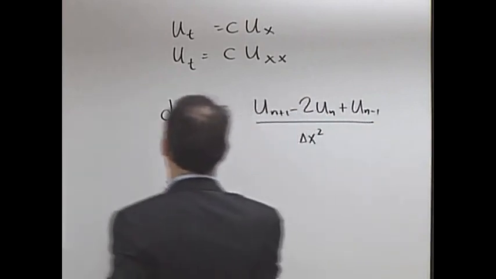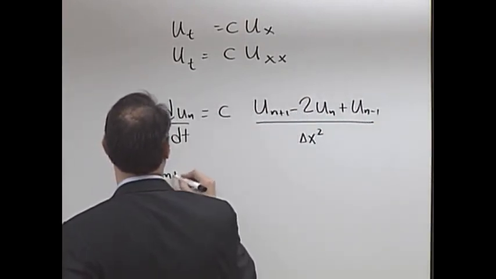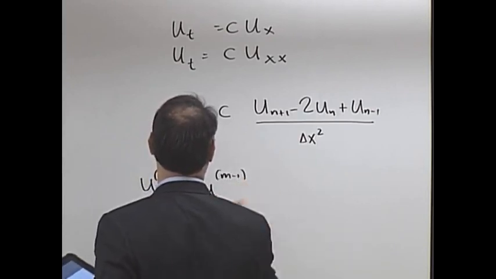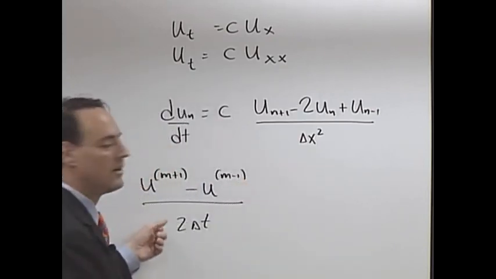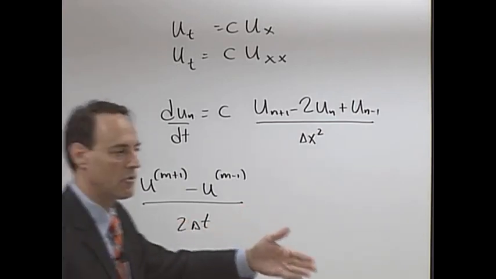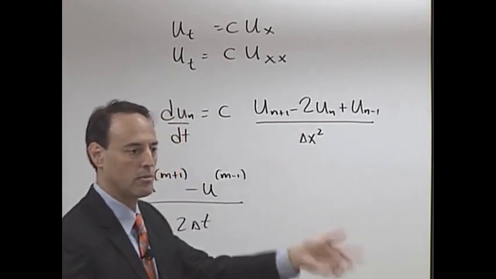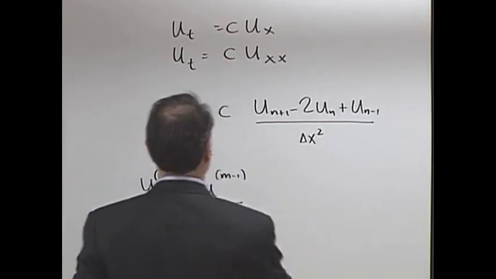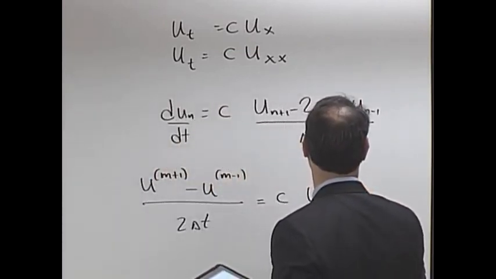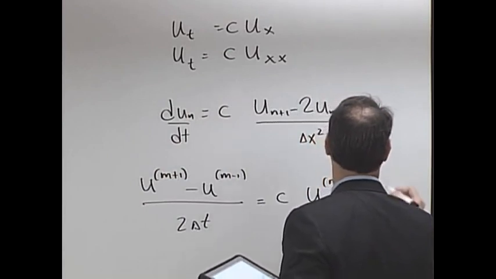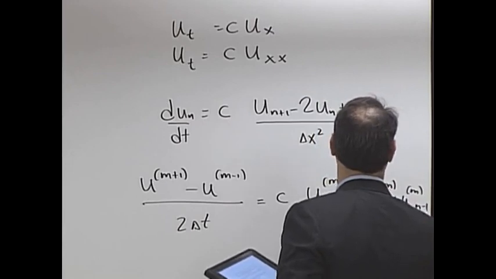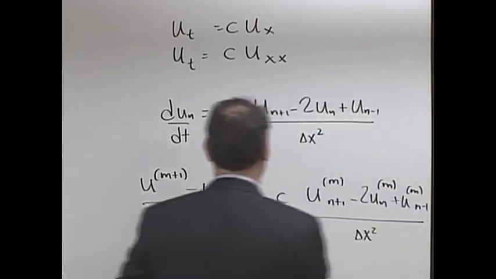So Leapfrog would say, take a point in the future minus a point in the past all over 2 delta t. Slope formula. And the idea behind the Leapfrog is you don't use the current point and future point, you use the current point and one past. And that's equal to this over here, and let's evaluate this side at the current time. Okay?